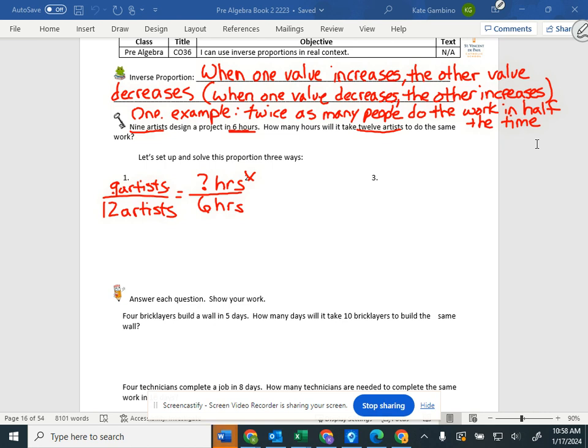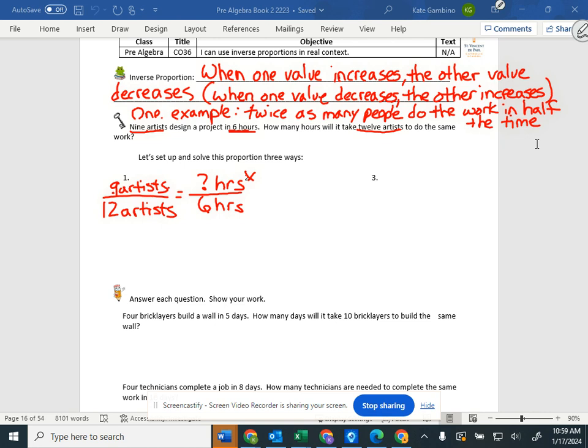Let's see who can solve this. How many hours would it take? What math should I do? What's my first step? Jude. You do 9 divided by 12. So, hold on. Is there only one way to do this?